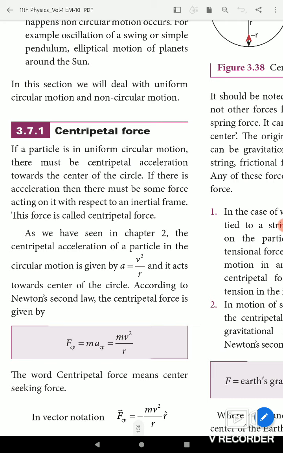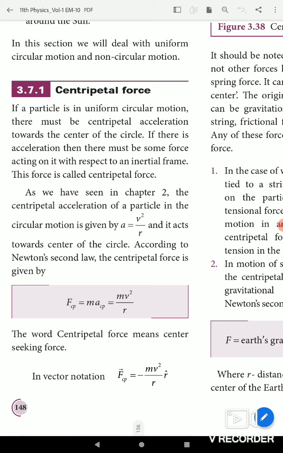You already know the centripetal acceleration of a particle in circular motion. The formula for the centripetal acceleration is a equal to v square by r, and it acts towards the center of the circle. According to Newton's second law, F equal to ma, so the centripetal force F_cp equal to m a_cp.